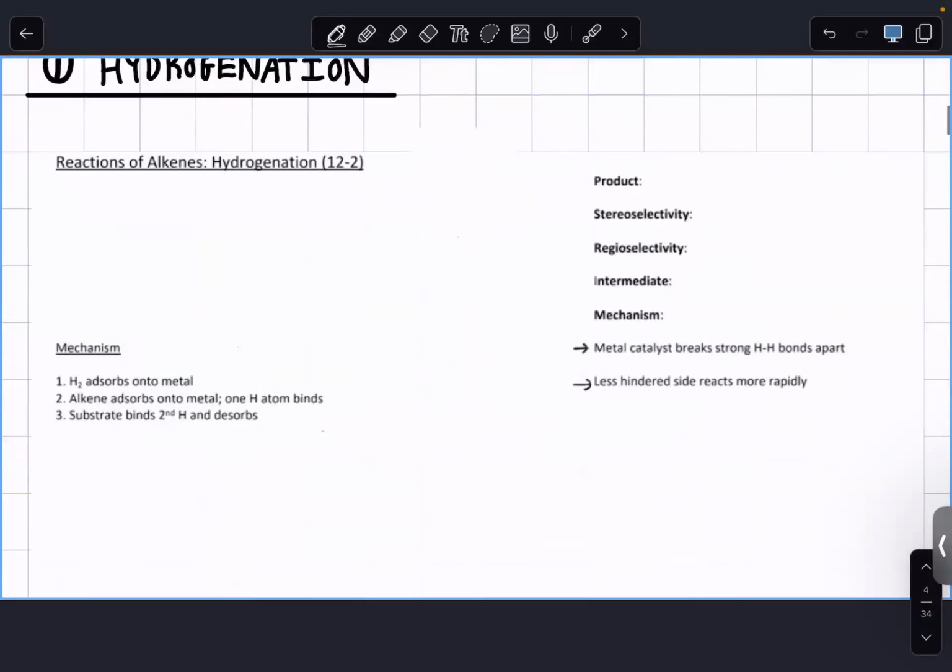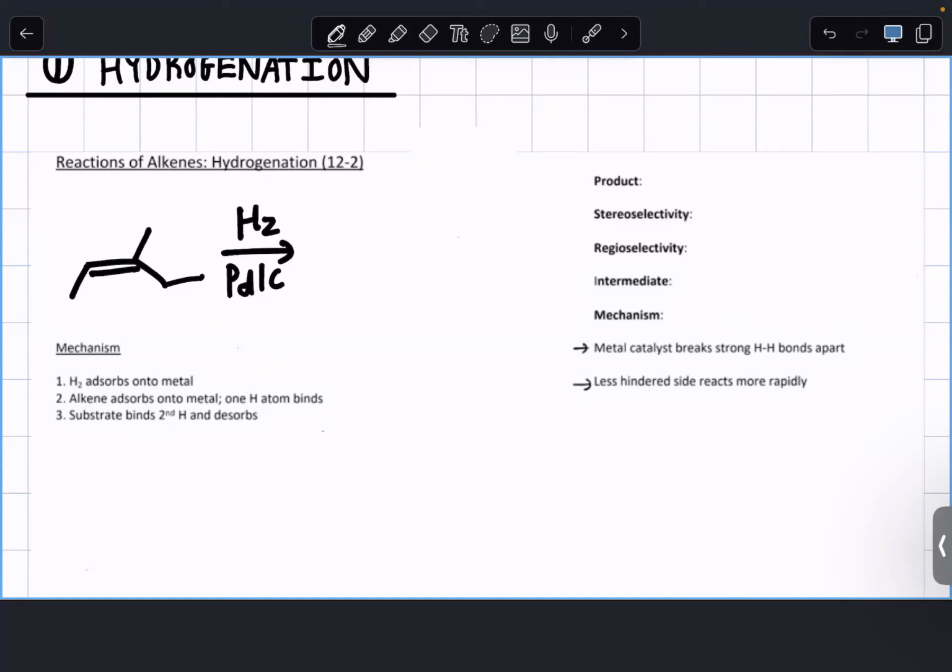Now let's go over hydrogenation right here. So let's say we have an alkene, like say this right here. When we put that alkene through H2 and some kind of metal catalyst, you can see different types of metal catalysts.